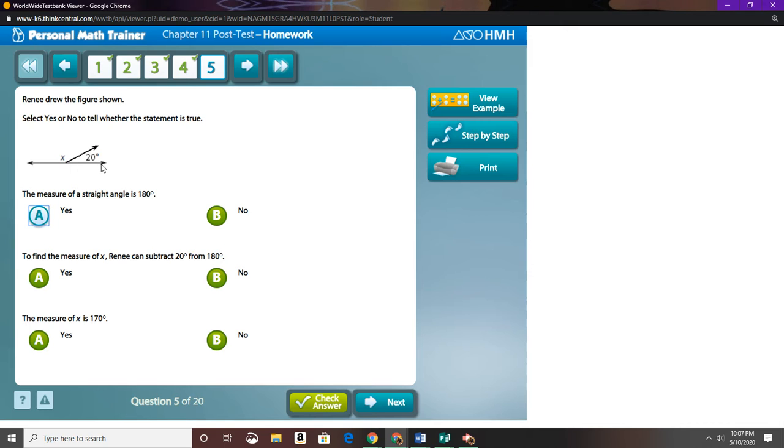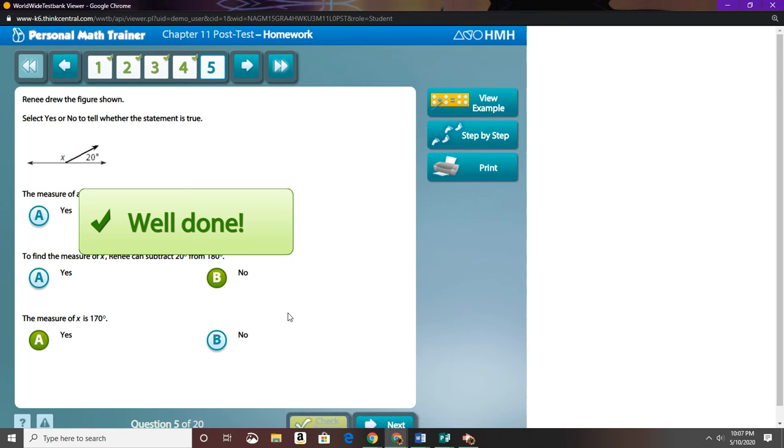And that's true because she knows that this piece is 20 degrees, that the whole thing is 180, so the missing piece would have to be 180 minus the 20 we already know. So that's true. The measure of angle X is 170. Well, that's not true because 180 minus 20 is 160. So the measure of angle X is 160 degrees, not 170 degrees. Okay.